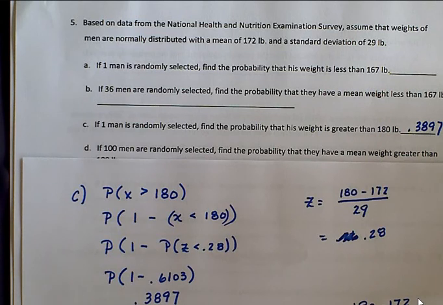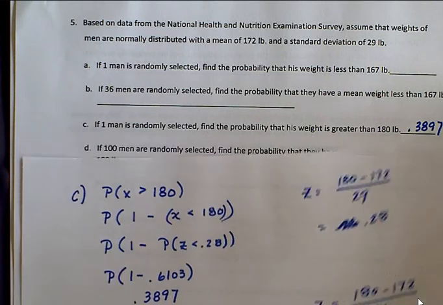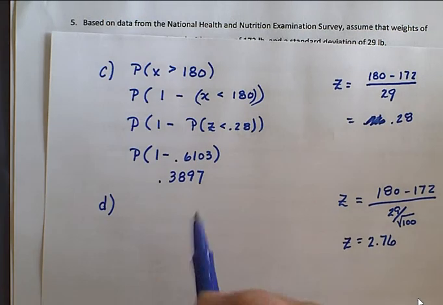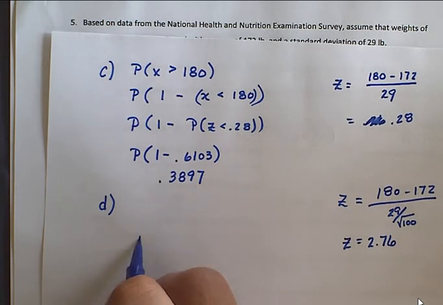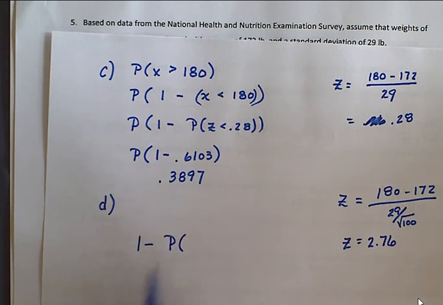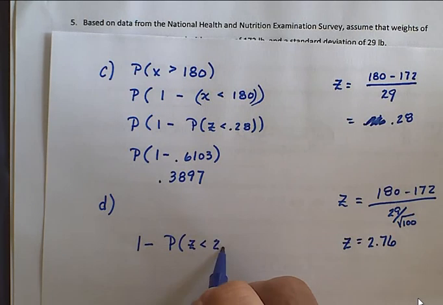So again, I'm going to take 1 minus the probability that Z is less than 2.76.